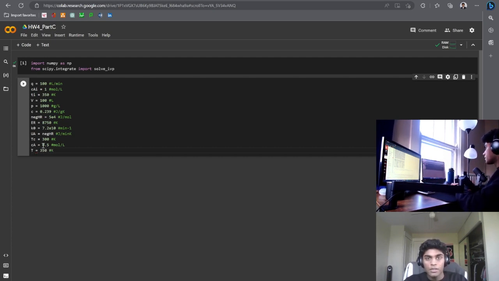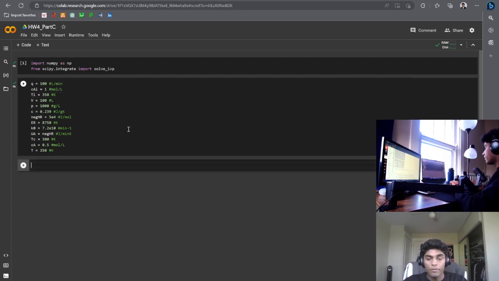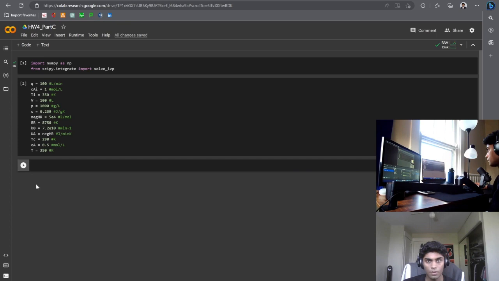So now with all these units and values in, let's go ahead. We'll use solve IVP. We're going to define that function and graph out what those differential equations look like. So quick little edit.